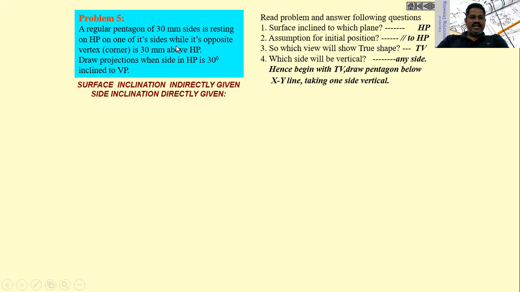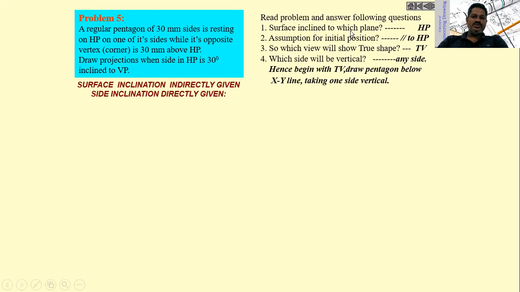Draw the projections when the side in HP is 30 degrees inclined to VP. These are the conditions. So now let us sort out the assumptions and the given data first.